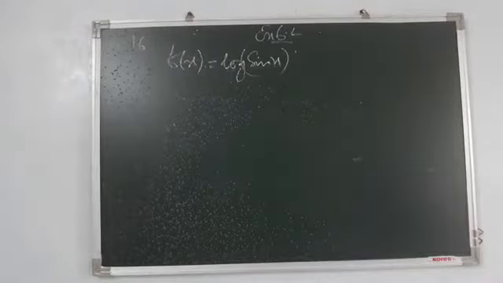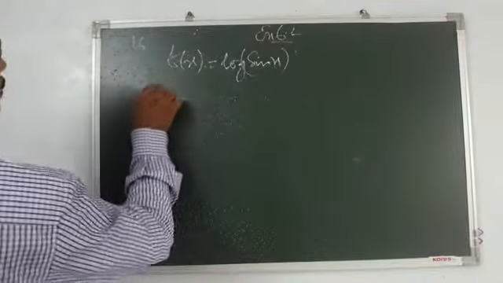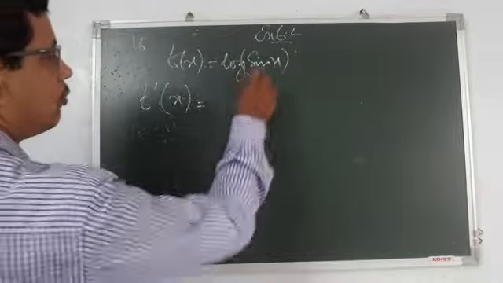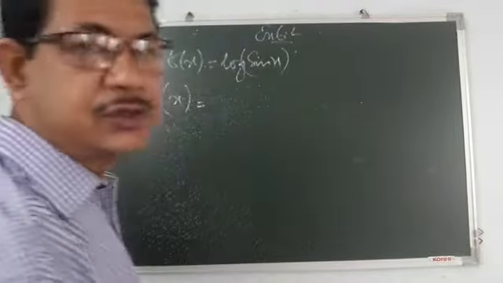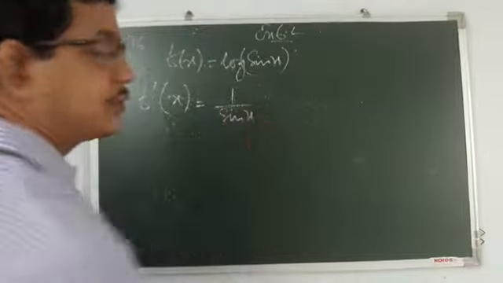And we have to find the first derivative. As it is application of derivative, of course. Log of sin x, log of any function's derivative is the reciprocal of it. So it is 1/sin x.